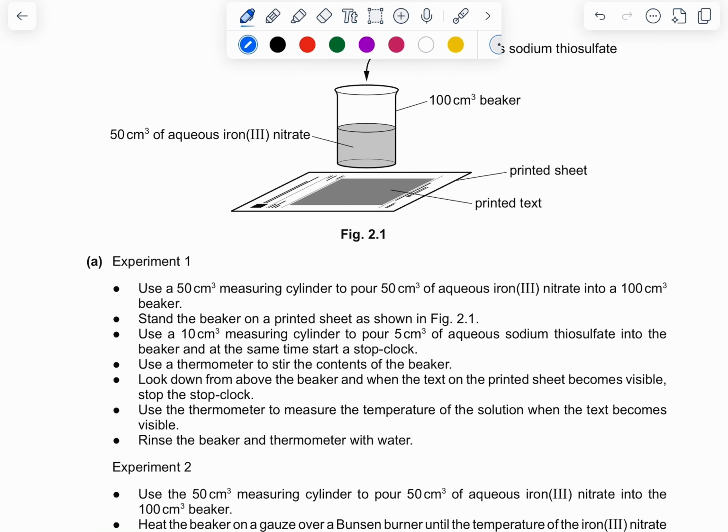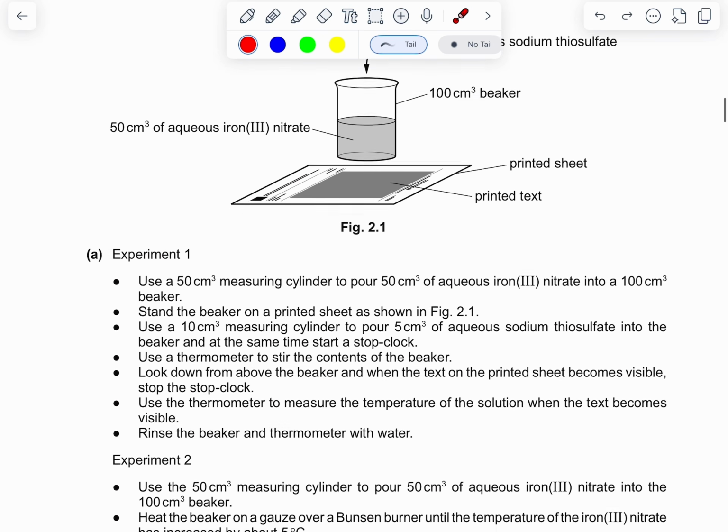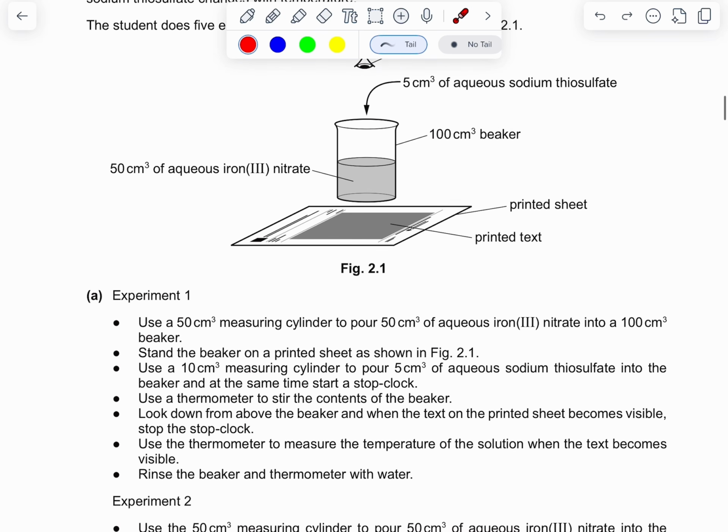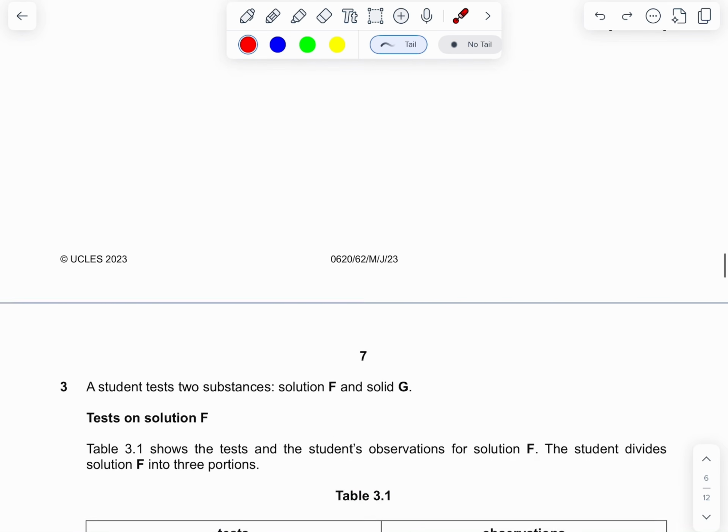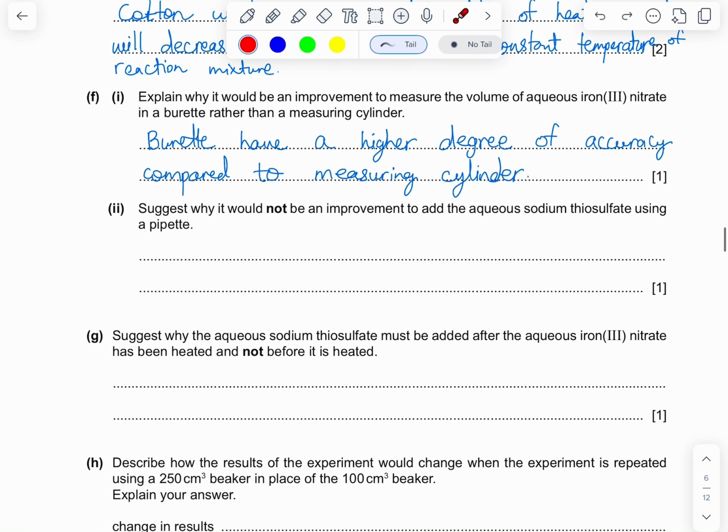Use a 10 centimeter cube measuring cylinder to pour 5 centimeter cube of sodium thiosulfate in the beaker and at the same time start a stop clock. So why would using a pipette not be an improvement?